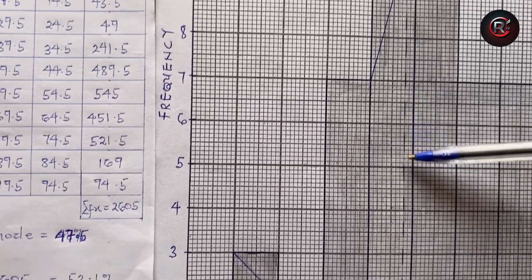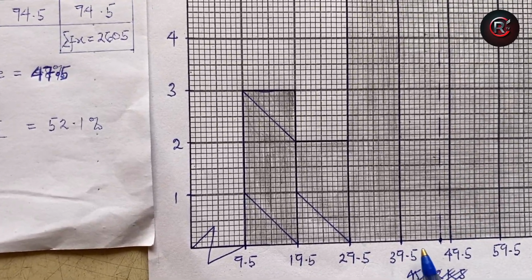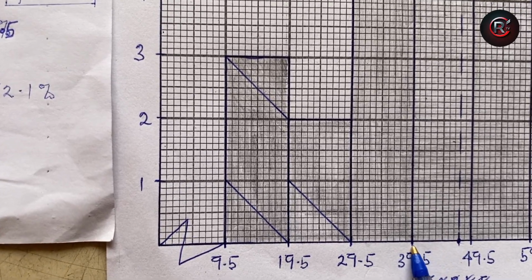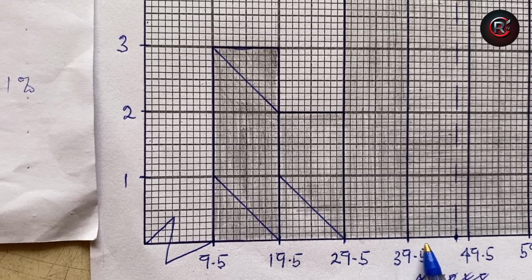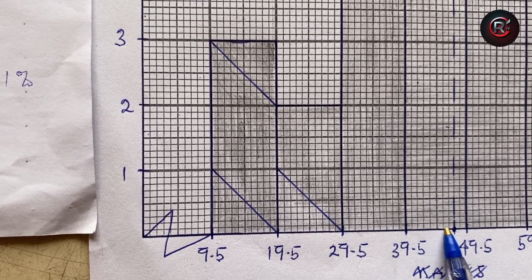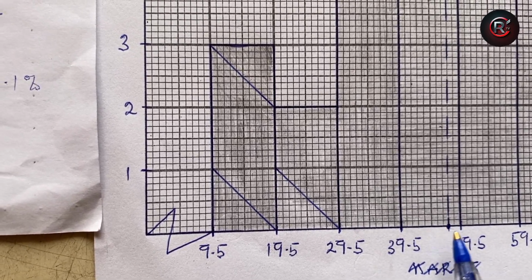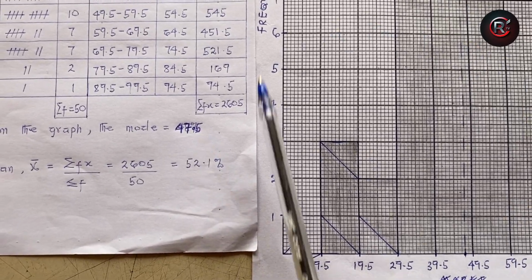Then you trace it down to your class boundary. Then you read. Here, each interval is 1. So this is 39.5, then 40.5, 41.5, 42.5, 43.5, 44.5, 45.5, 46.5, 47.5. So we can say our modal mark from the graph is 47.5. So this is what we can do.